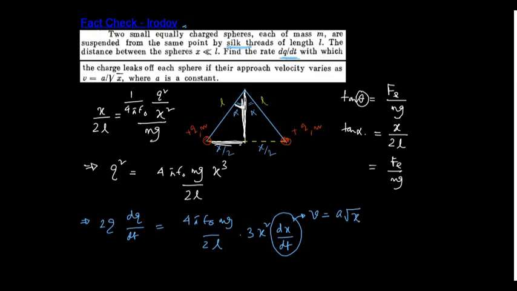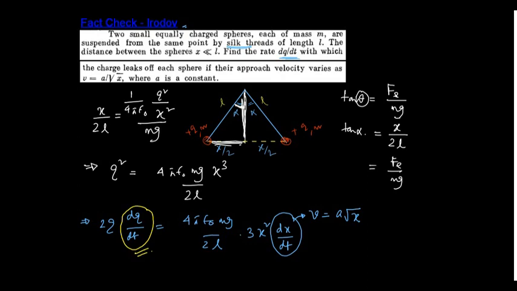Correct? So now if I substitute the values over here, we can safely get the value of dq dt. Fine. Okay, I am not going to substitute the values and unnecessarily spend time on calculation, so that you can check it out. So everyone, please do check it out.